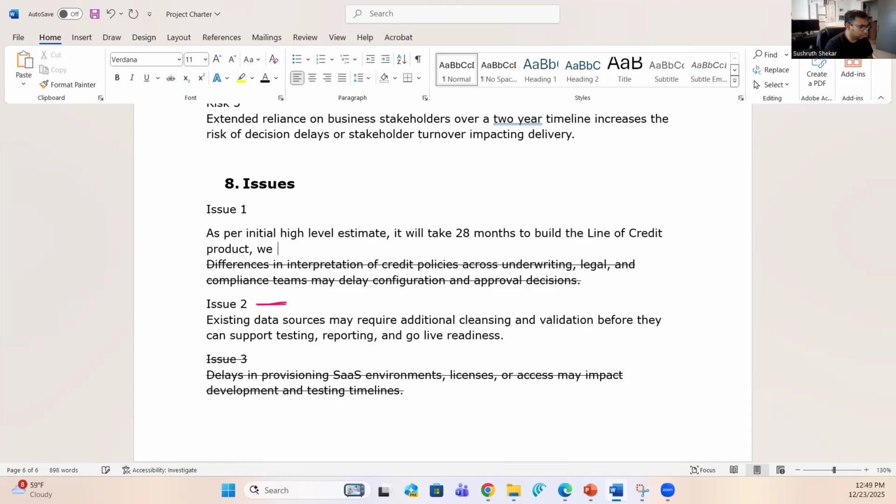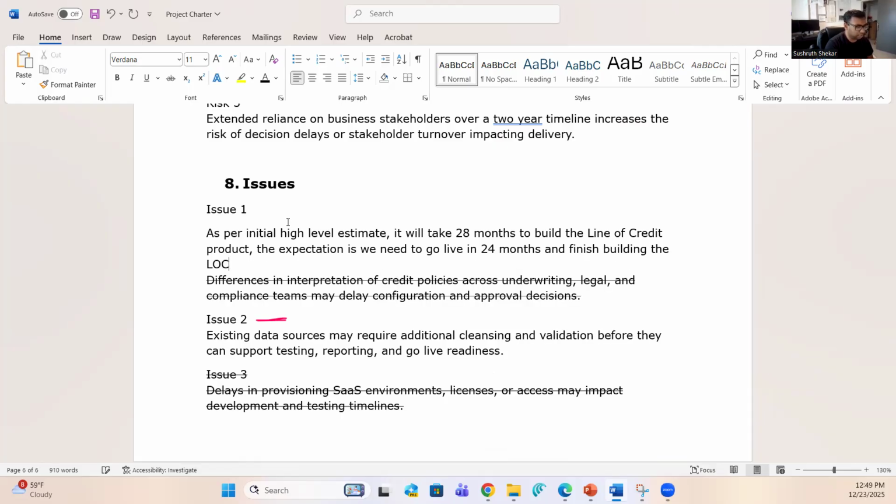The expectation is we need to go live in 24 months and finish building the LOC product. We are down by 4 months. This is an issue.